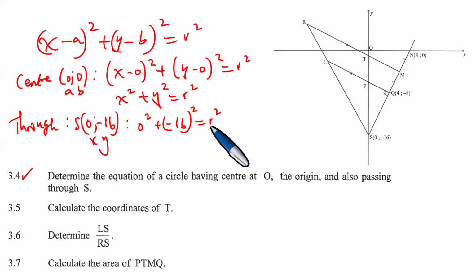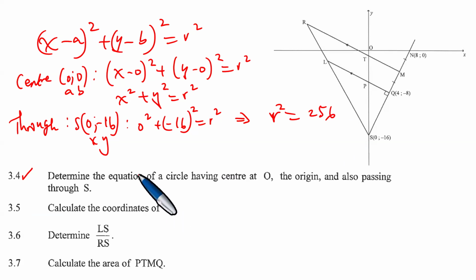So what is r squared equal to? 16 by 16, which is 16 squared. And what is 16 squared? Let us check that part. It is 256.